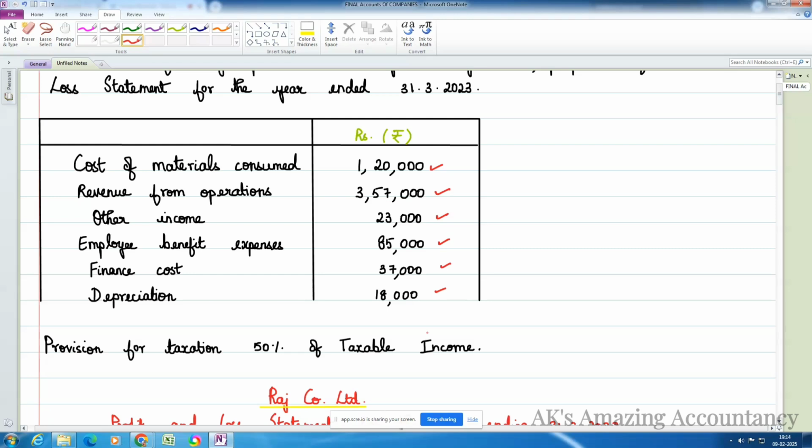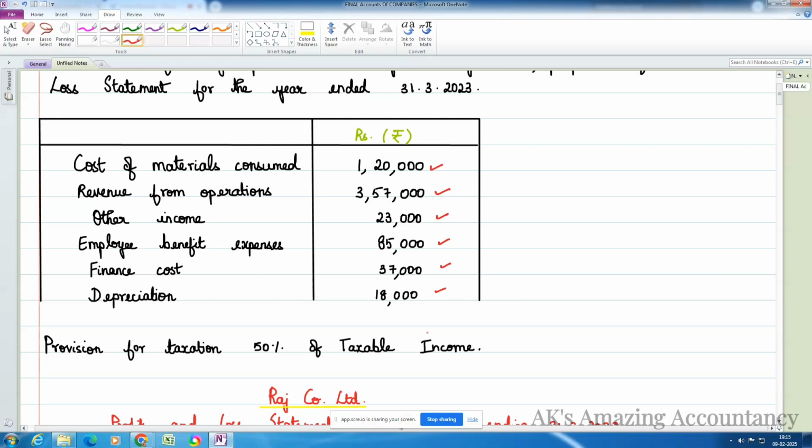But as far as this particular problem is concerned, there is no need to prepare any notes at all. Usually, when there are sub-items under each main item, we will be preparing the relevant note. But here you are given only the main items straight away, so there is no need to prepare any notes to accounts.